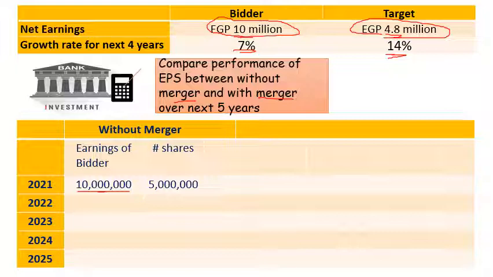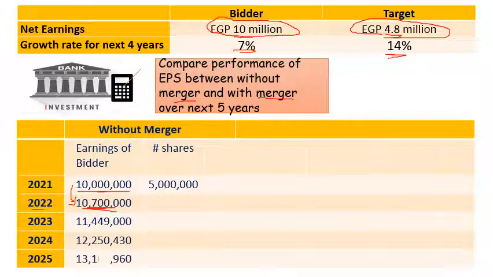So at the end of year 2022, the earnings are expected to grow at 7% to be 10,700,000 Egyptian pounds, and this amount will grow also at 7% to be at the end of year 2023 11,449,000 Egyptian pounds, and so on.